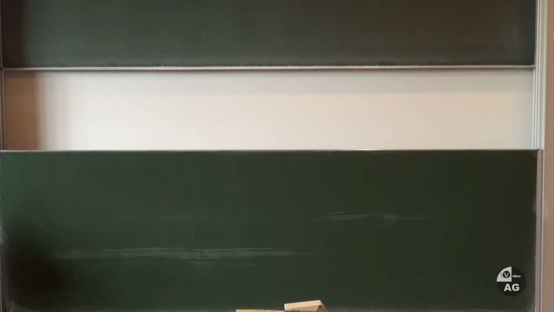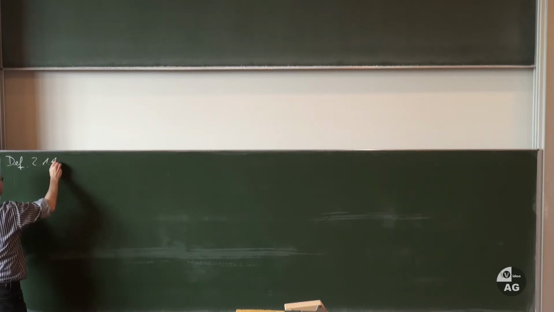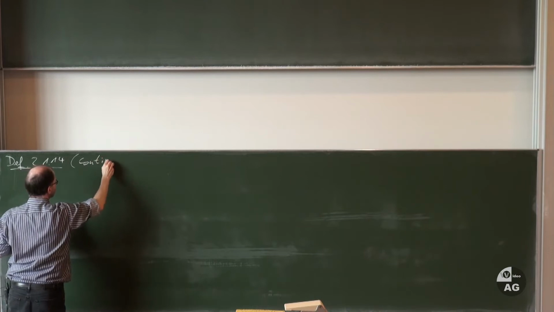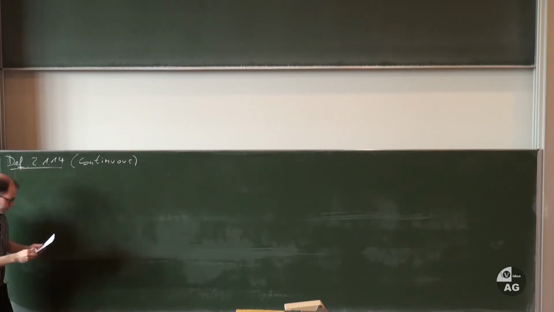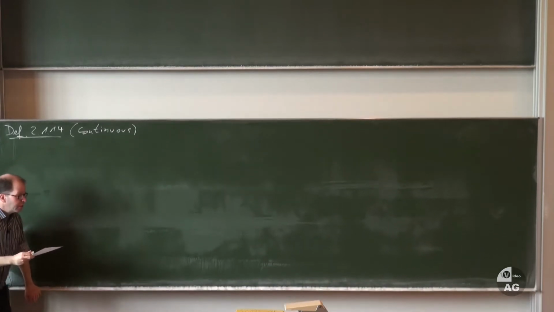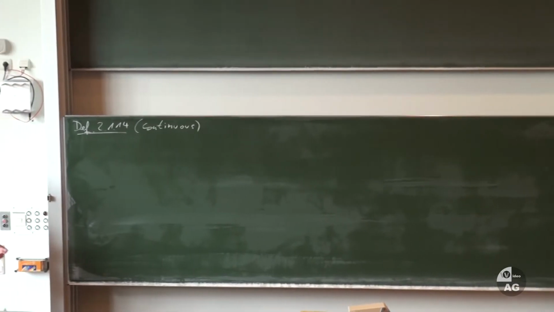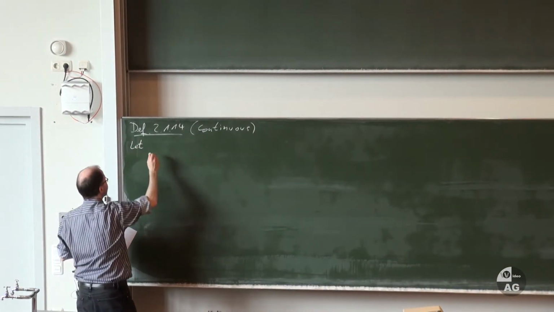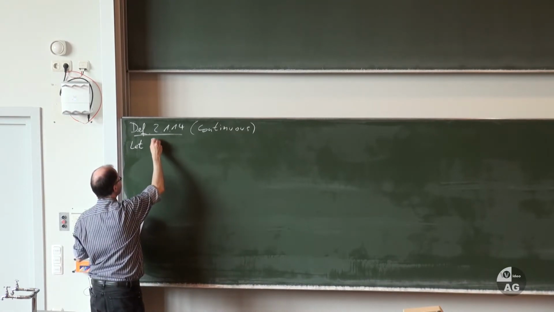Okay, let's define this formally. So this is definition 2.1.14, and it defines the notion of continuity, or what does it mean for a function to be continuous. So we have two domains, d1 and d2, and we have a function from d1 to d2. And the less defined or equal relations should be complete, both for d1 and d2.